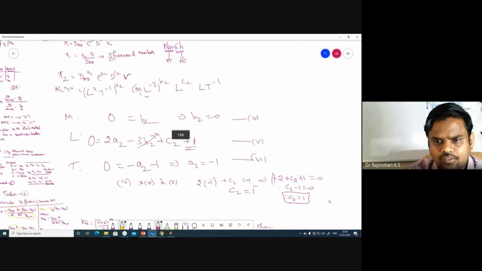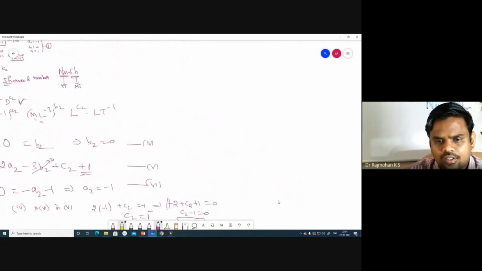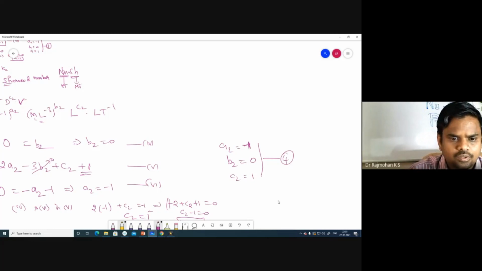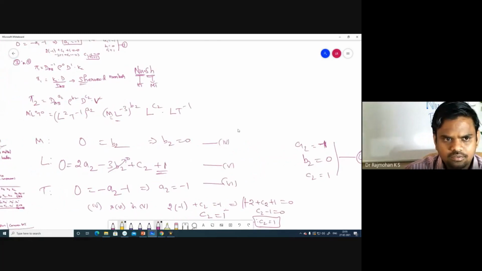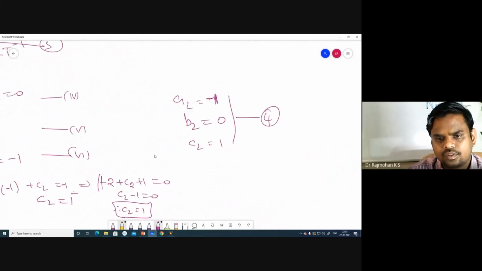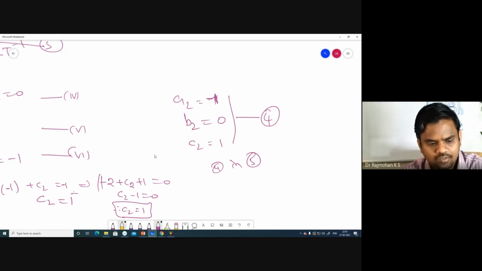So that way, we have the conditions for a, b, and c. What are they? b2 equal to 0, a2 equal to minus 1, c2 equal to plus 1. Let it be condition number 4. So if we substitute this in pi 2, where we defined pi 2, we will get the pi 2 group.